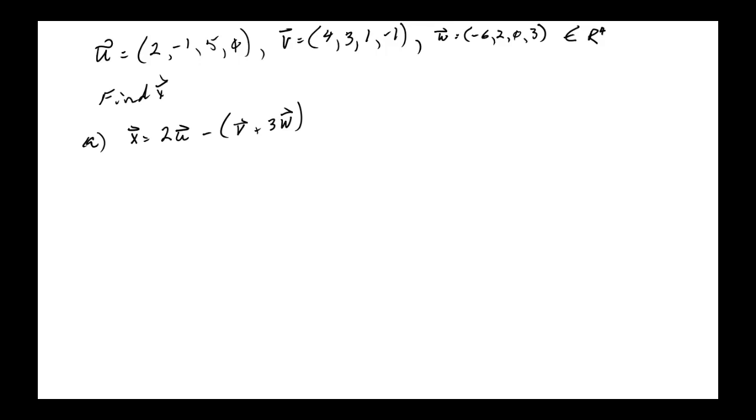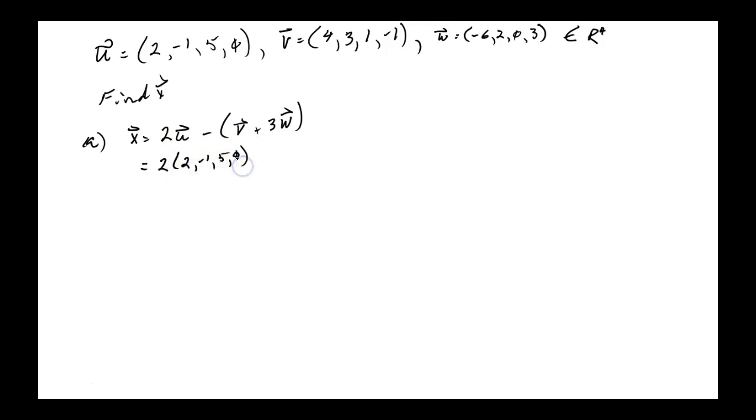Now, in my way of thinking, the best way is just plug them in. After a while, you might be able to do them in your head, but to start with, I would plug in. So I would say 2 times vector u is 2, -1, 5, 0.